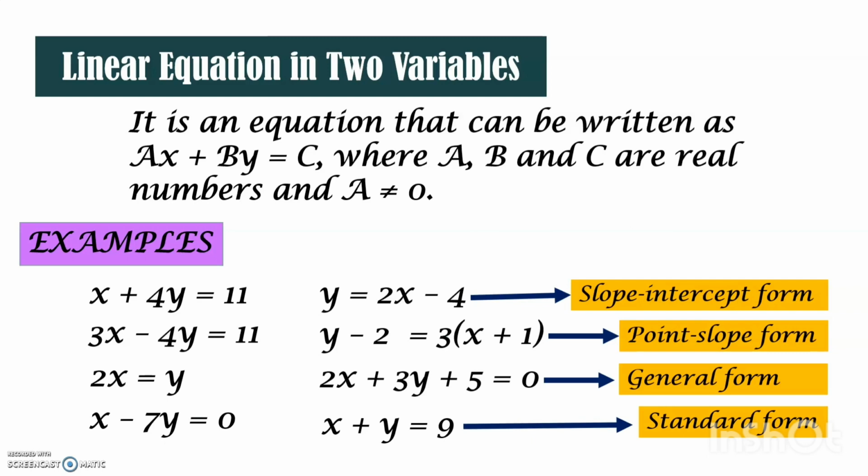But remember this, you can actually convert a linear equation in two variables written in slope-intercept form and transform it into general form. The same is true with standard form, you can transform it into slope-intercept form, or you can transform slope-intercept form into point-slope form and vice versa.